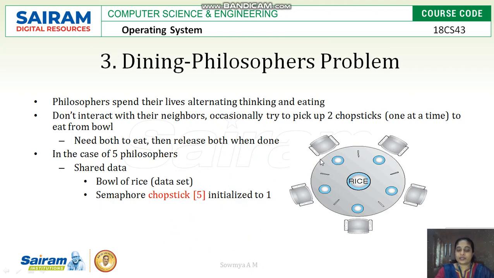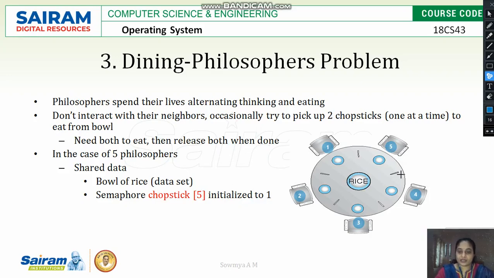So the next problem is the dining philosopher problem. There is a dining table and we have 1, 2, 3, 4 and 5 philosophers who want to eat the rice.